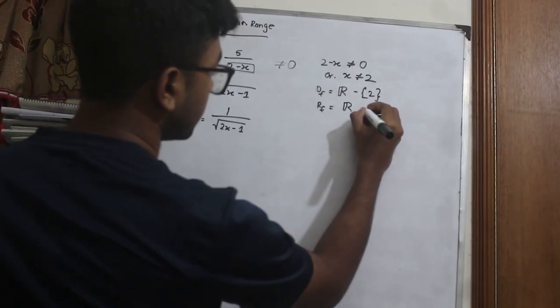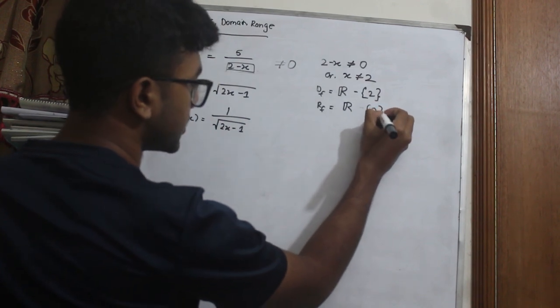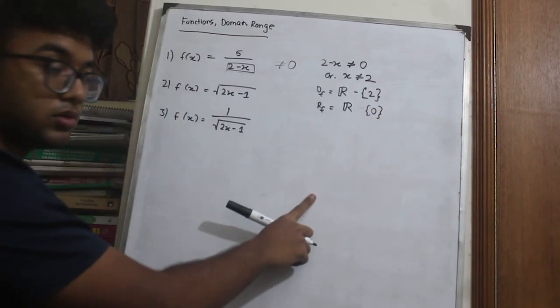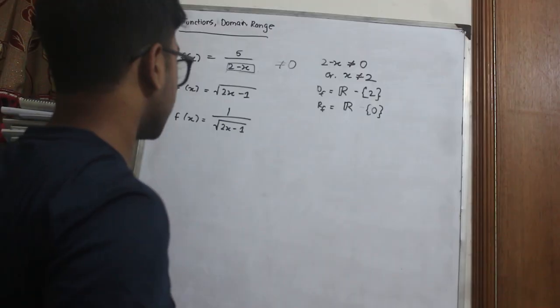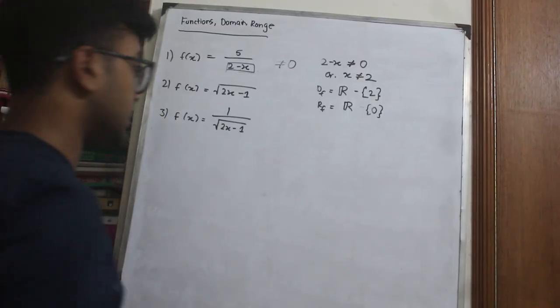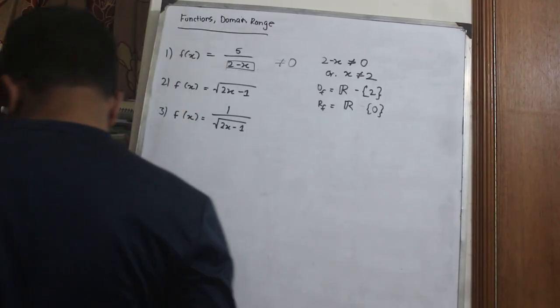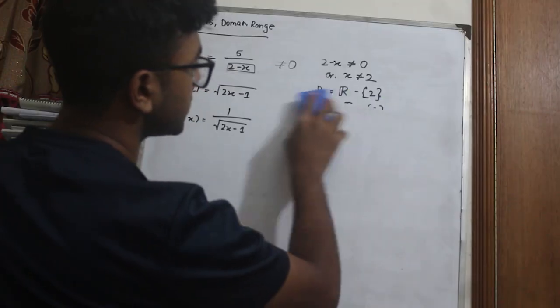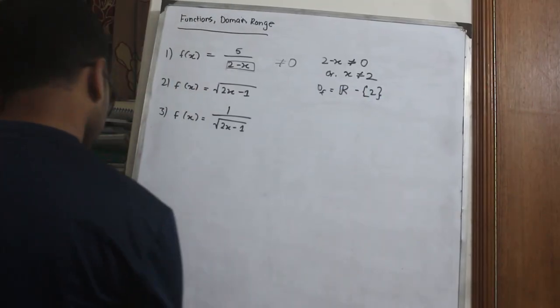Any value can come from this except for 0. Why it is not 0, I will explain a bit later. Let us just deal with the domains right now. Actually, yes, let's just deal with the domains and leave the ranges for later.